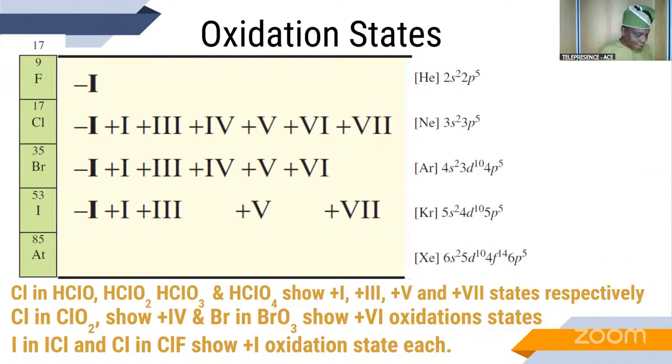Likewise, bromine and iodine. Since the fluorine atom has no d orbitals in its valence shell, it cannot have any excited state and consequently cannot exhibit positive oxidation states.